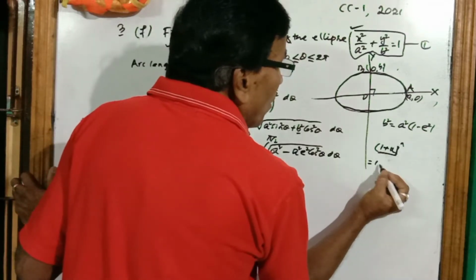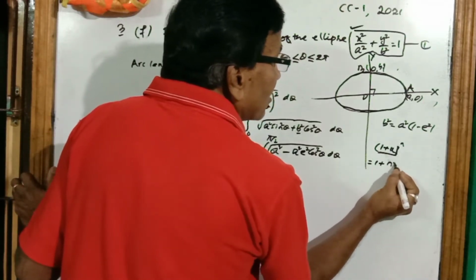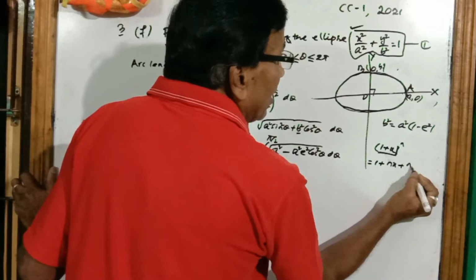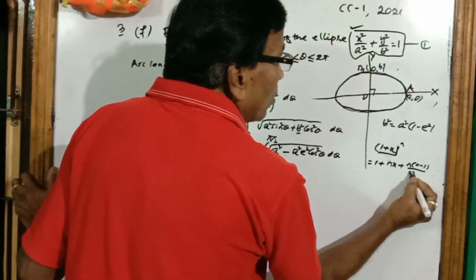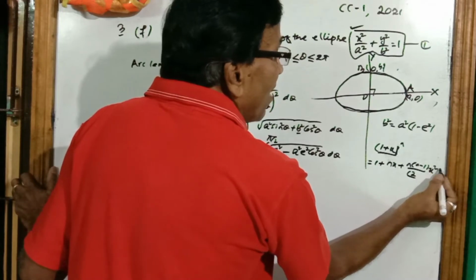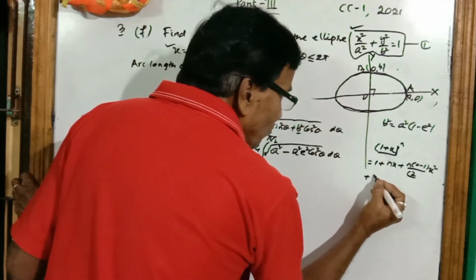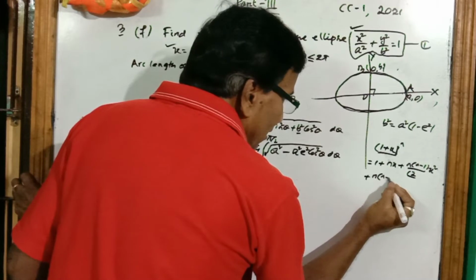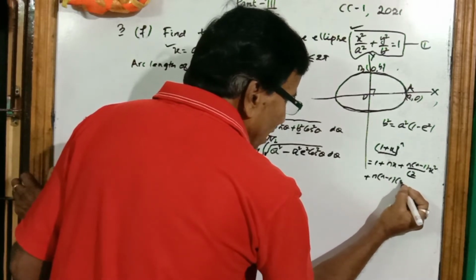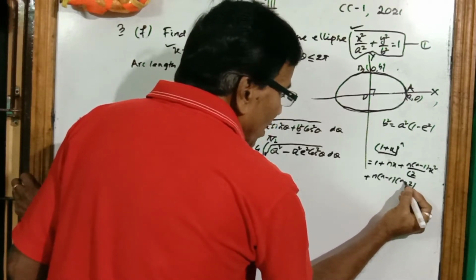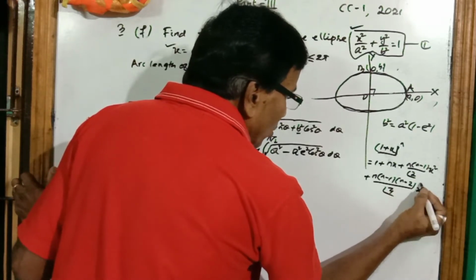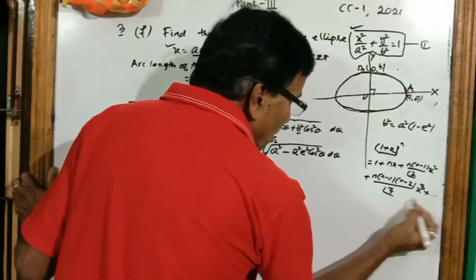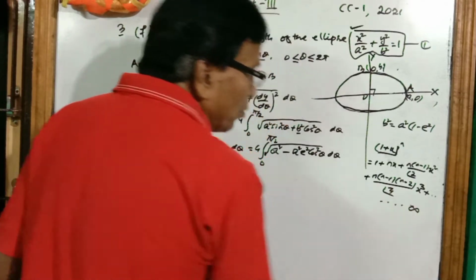It is 1 plus nx plus n into n minus 1 divided by factorial 2 into x square. So the next term will be n into n minus 1 into n minus 2 divided by factorial 3 into x cube plus dot dot dot, and it will continue up to infinity.